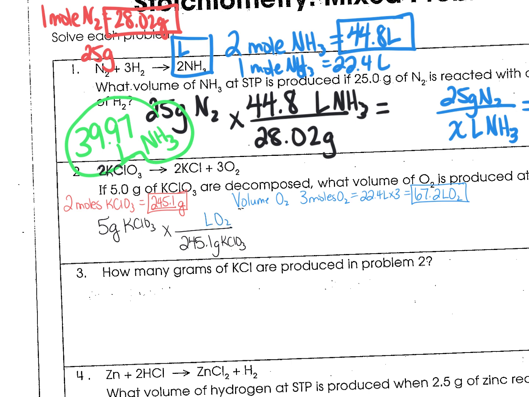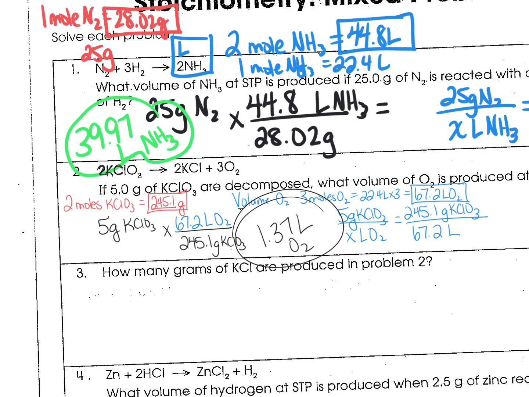My balanced equation says 3 moles. 3 moles would be 67.2 liters. And then again, if I did this in the method where I cross multiply, here's what my work would look like. So here's my cross multiply and solve for x. No matter which way you solve it, you should still get the same answer of 1.37 liters of oxygen for number 2.